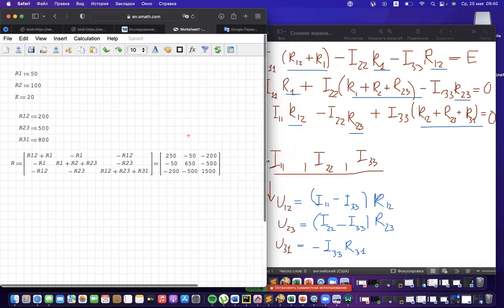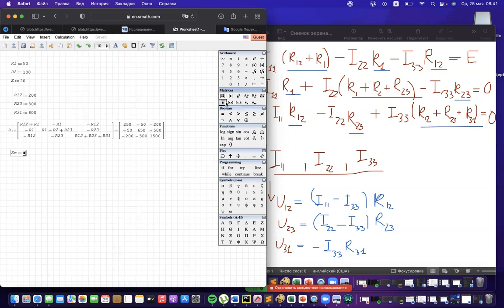Also, you are writing the matrix of electromotive force, the right part of the equation. Let's name it E with M as matrix.